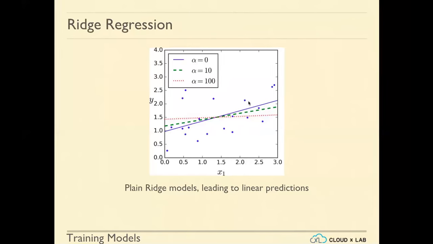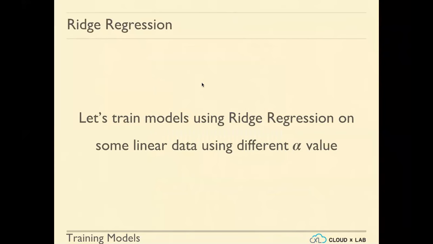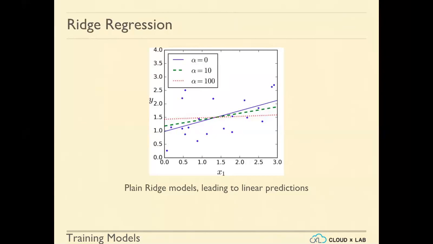What we see here is that if alpha is zero, it'll be like a usual linear regression. There is nothing much to it.